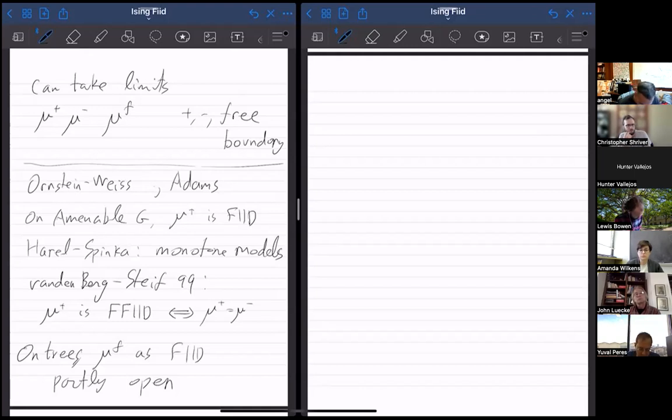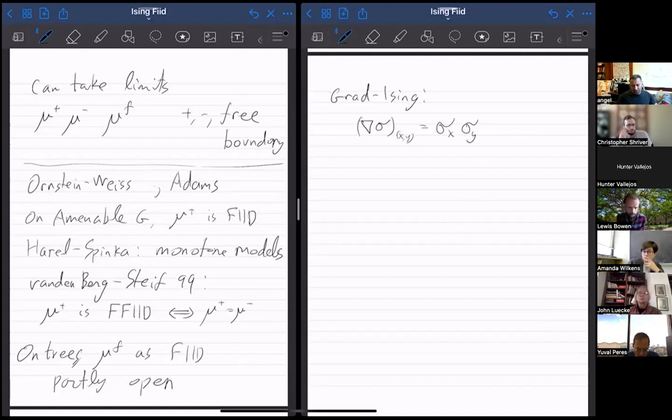So let me just denote this. For the gradient Ising, you just have an environment on the edges. You define the gradient sigma on an edge xy as just the product sigma x sigma y. So you know for each edge whether it's equal or not.